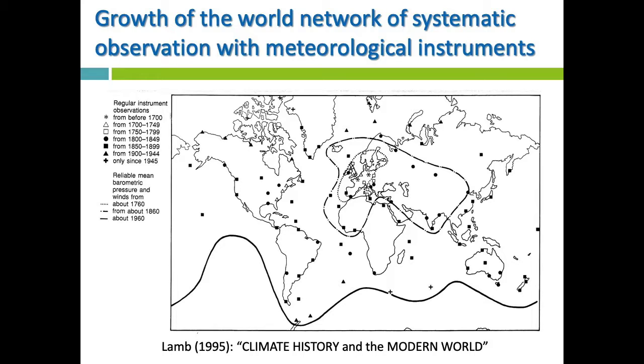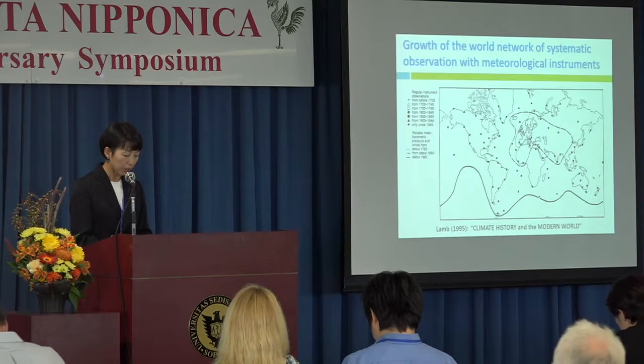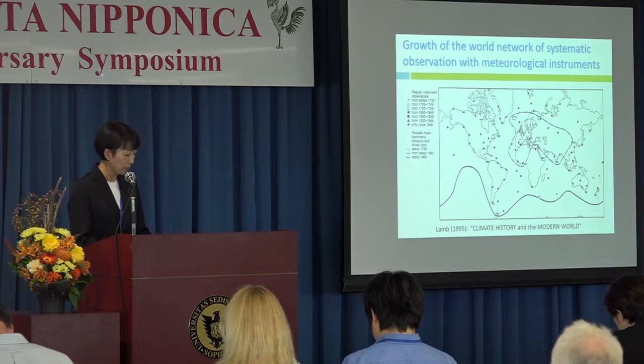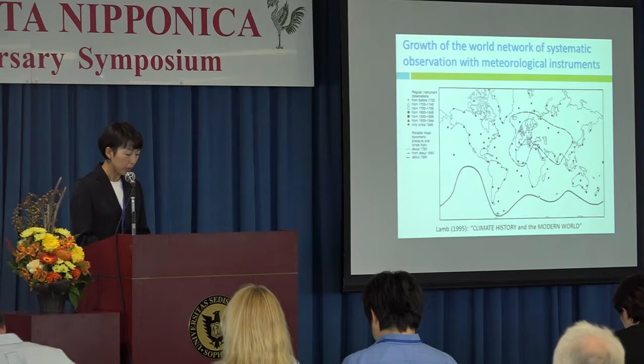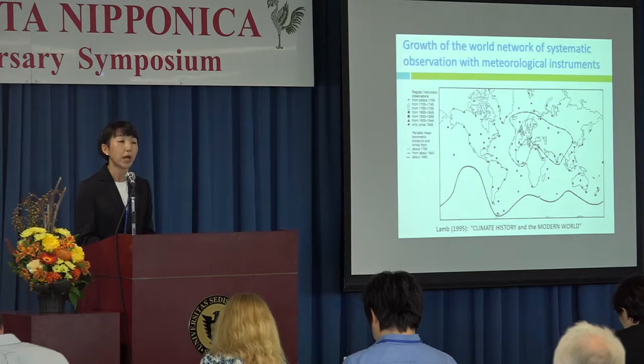If you look at Japan here, it shows that the beginning of instrumental observation started sometime between 1850 to 1899, which means the beginning of Japan Meteorological Agency, JMA, in 1872. However, we have been searching Japanese instrumental meteorological data taken before the foundation of JMA as a part of international data rescue activities.